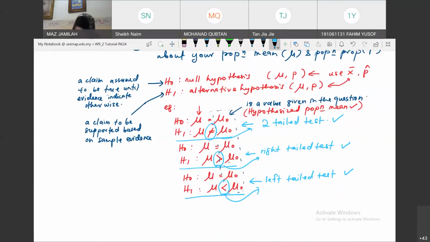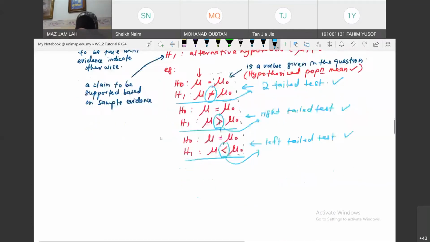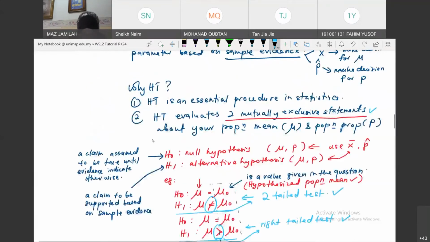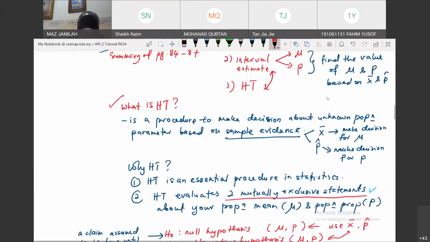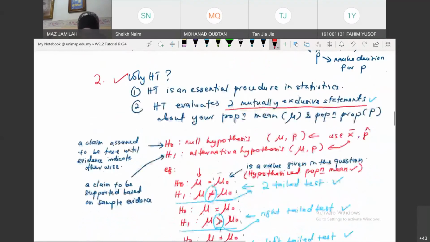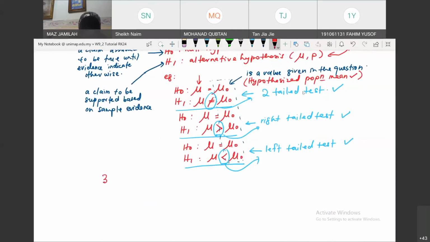I think it would be easier if I go straight to the procedure to perform hypothesis testing. Just now we have covered what is HT, then why is HT, then the third one, how to perform HT.